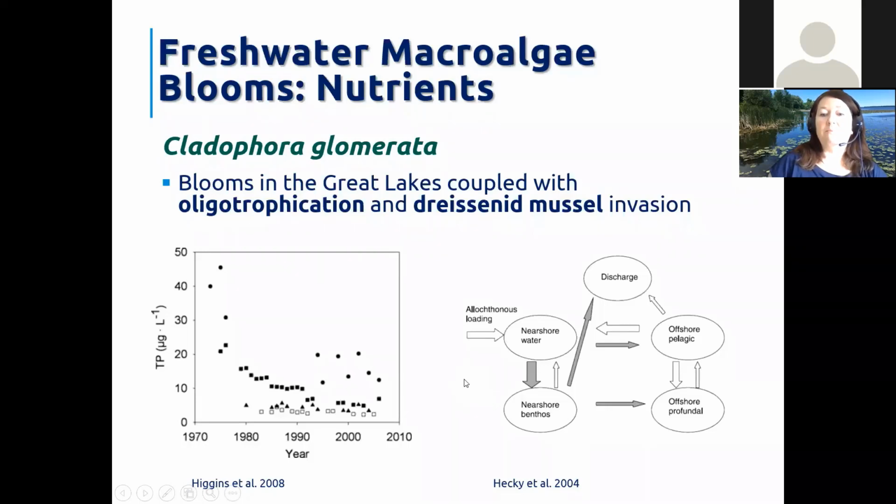And so basically what was happening, there was this really tight coupling of nutrients being trapped by zebra mussels, and Cladophora growing on the shells of zebra mussels had a very nice, efficient way of obtaining nutrients in the benthic zone.